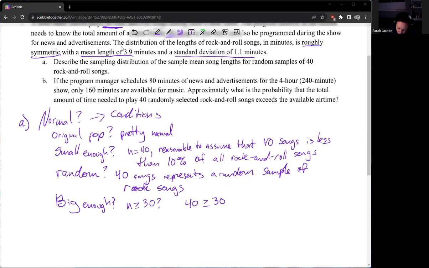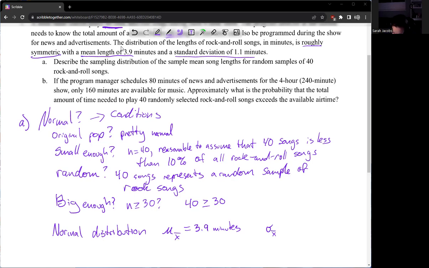So all of that to say that we can use a normal distribution with a mean. The mean of the sampling distribution is the same as the mean overall, so a mean of 3.9 minutes. And a standard deviation: since we know that the standard deviation of all the songs is 1.1 minutes, that's the population, we're going to use our sigma, our Greek letter.